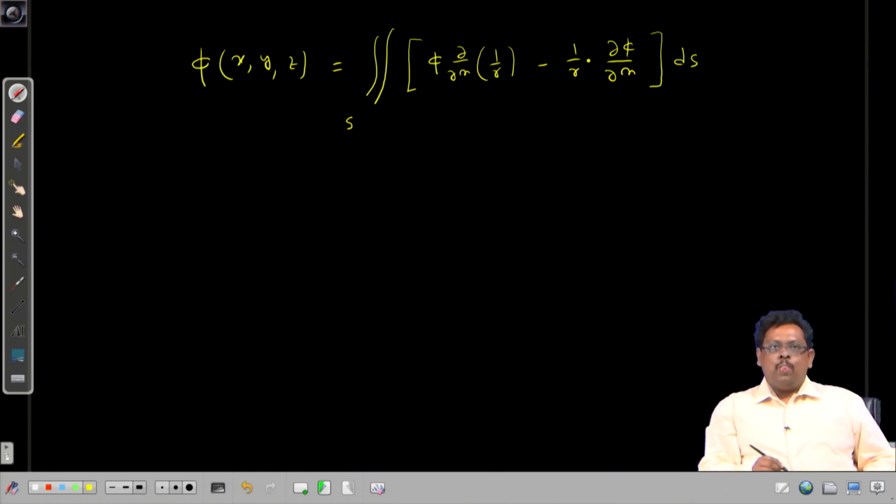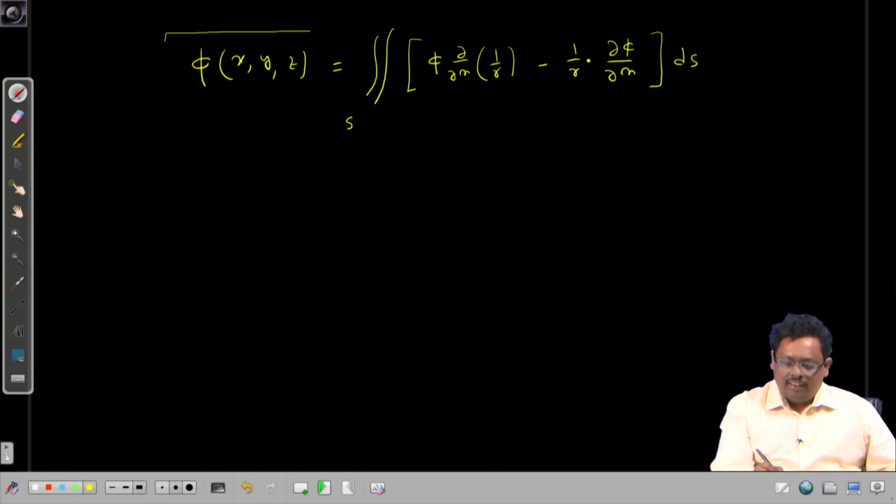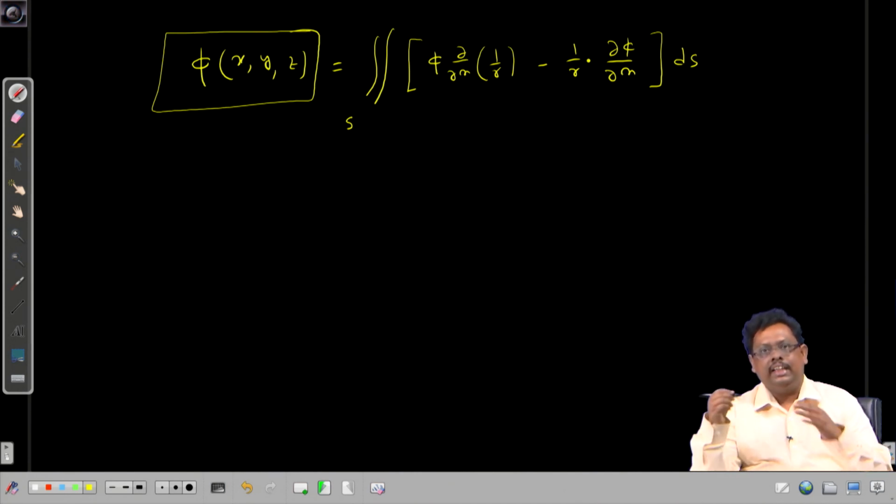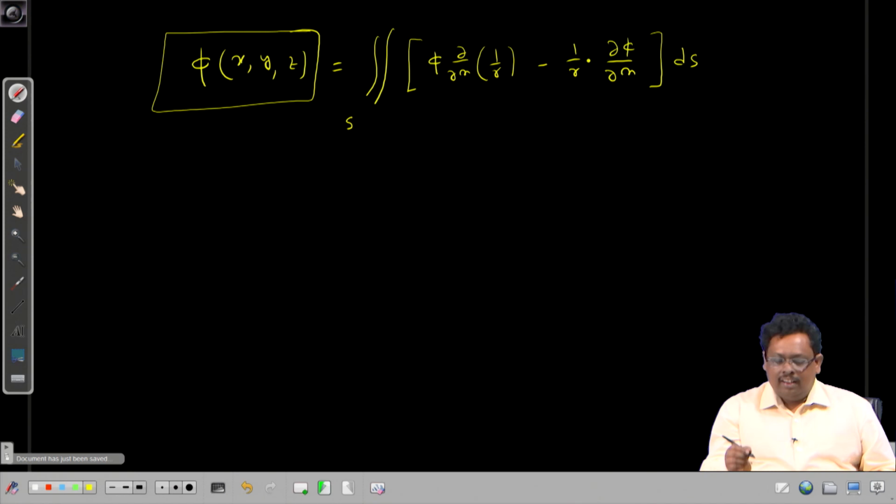Now, you see, I can find out the velocity potential for wave, velocity potential for anything, at any point in the fluid domain if I know the velocity potential at this surface and the normal potential also at that surface. See, it is a very interesting result.